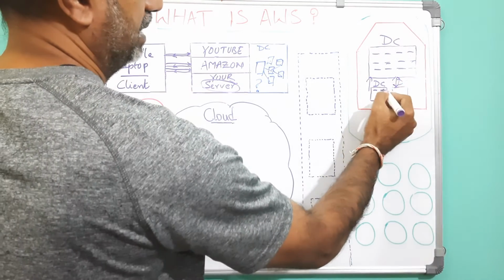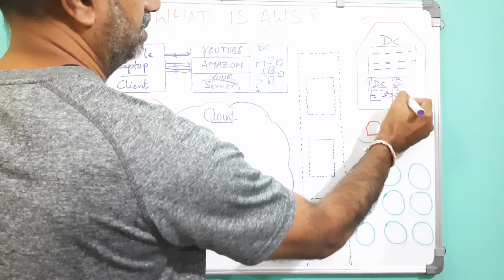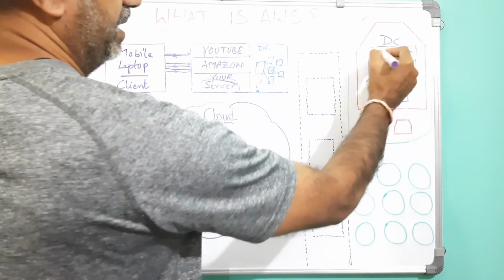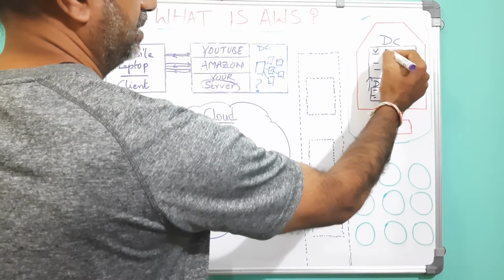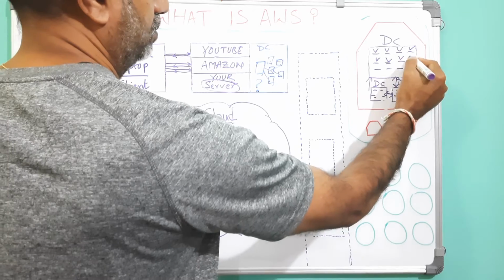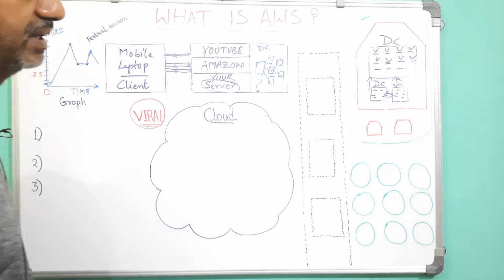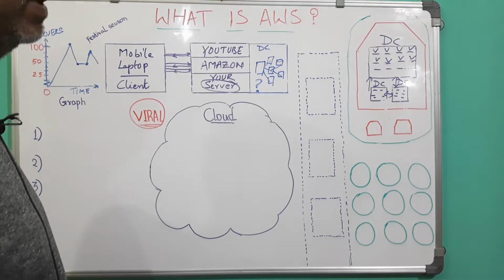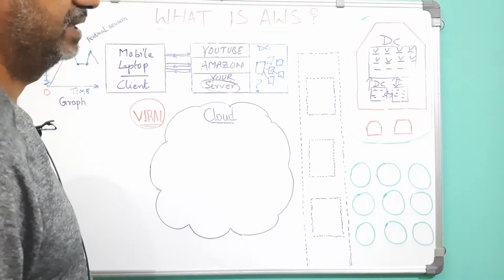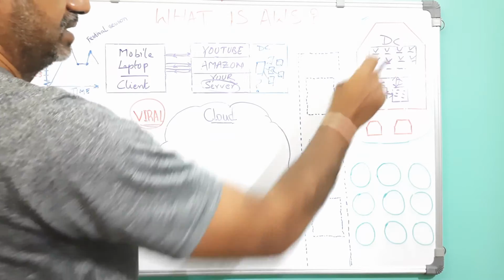So these have thousands and thousands of servers over here. And what they did is that they actually run virtualization software on this. So what Amazon uses is called a KVM based hypervisor. So those virtualization software run on these data centers.